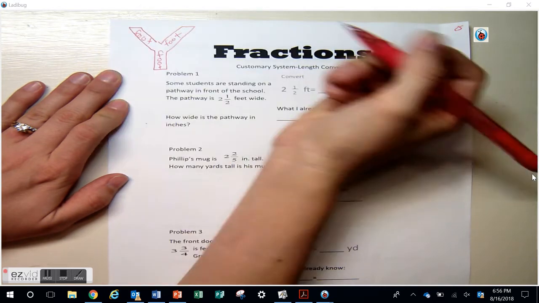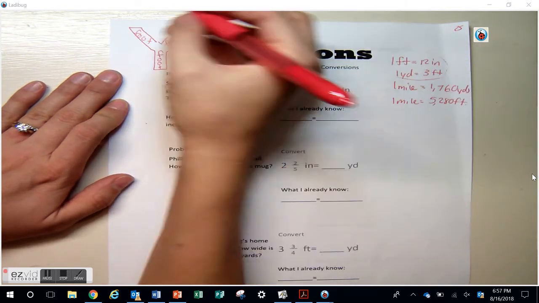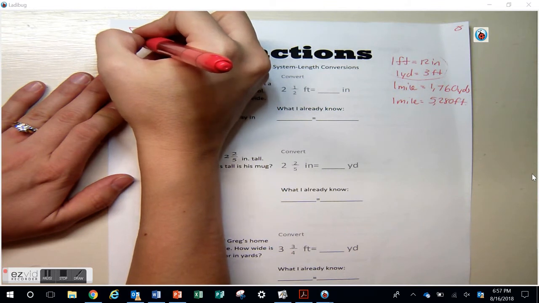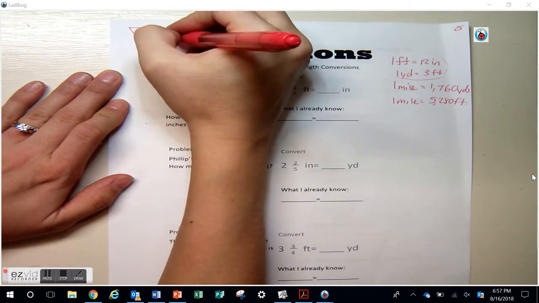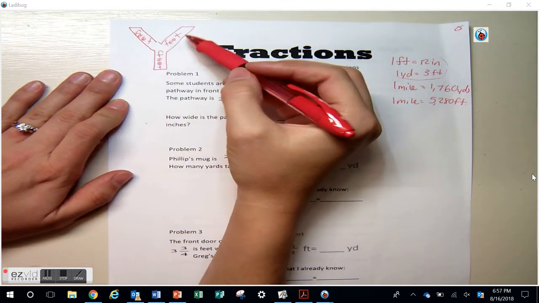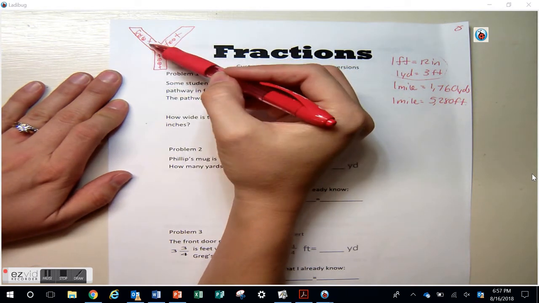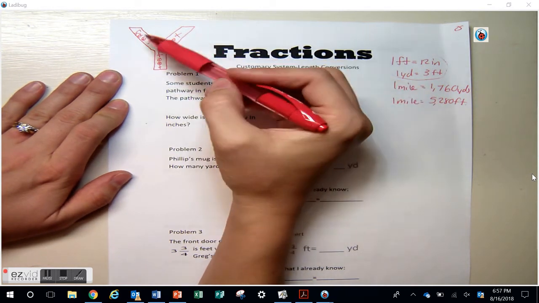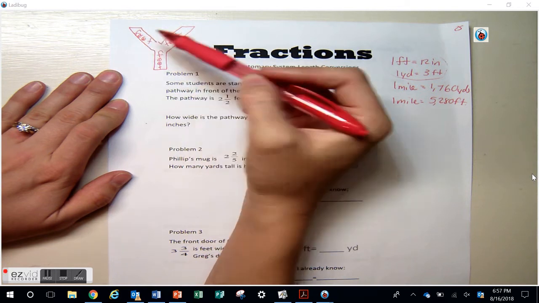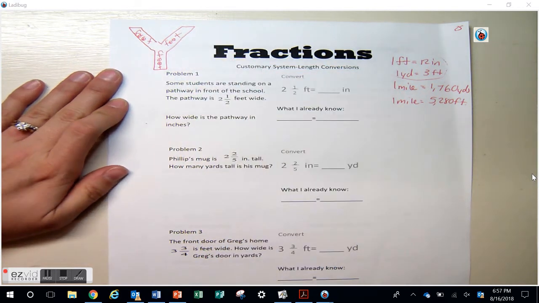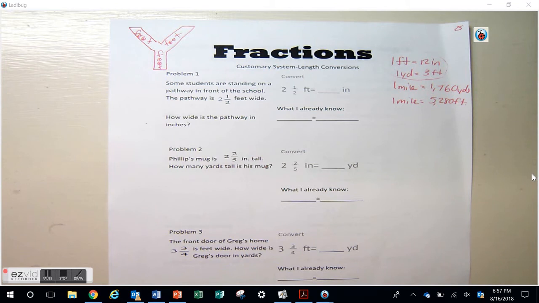And inside those O's we put the number 12. This showing that in 1 yard we have 1, 2, 3 feet. In each foot we have 12 inches. Things that we need to know.